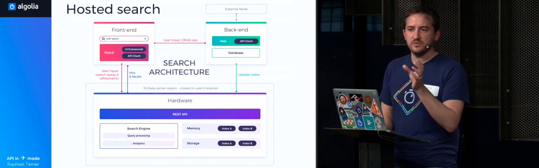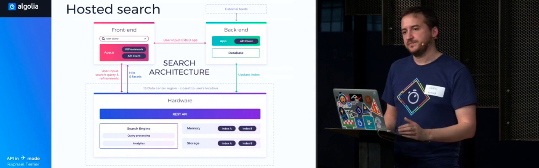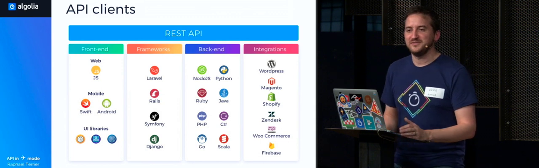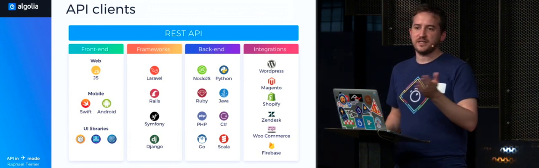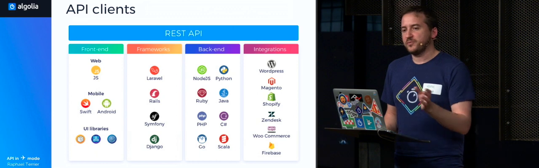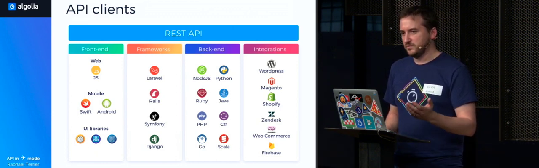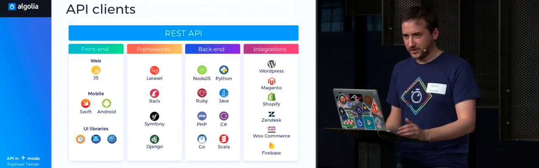And on the back end, you will most likely sync with your database and external feeds. So we have a whole variety of API clients that we've developed along the years, front-end ones and back-end ones, in all the different most popular languages. Also frameworks to make the implementation even faster, and a bunch of integrations for CMS and e-commerce platforms.